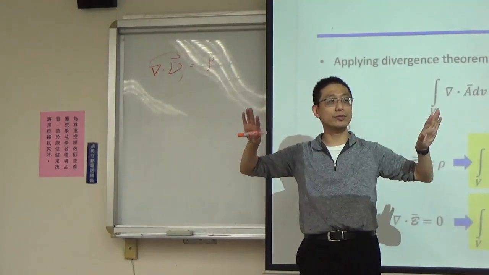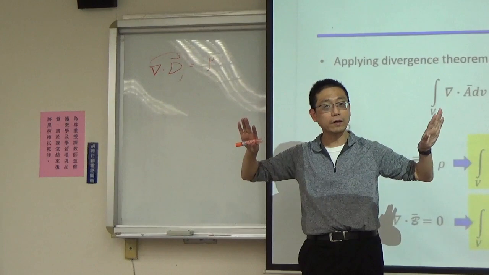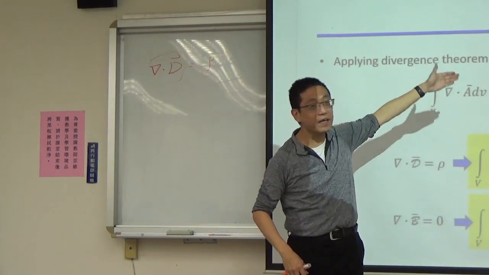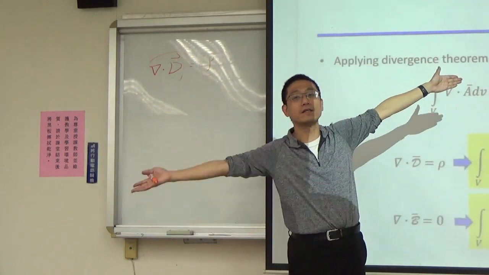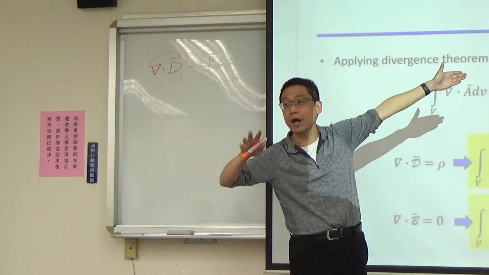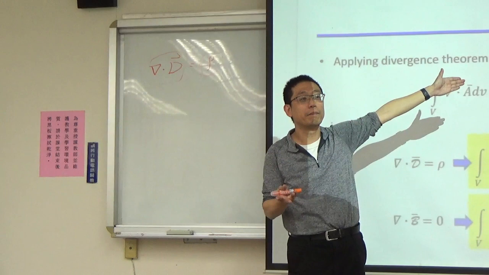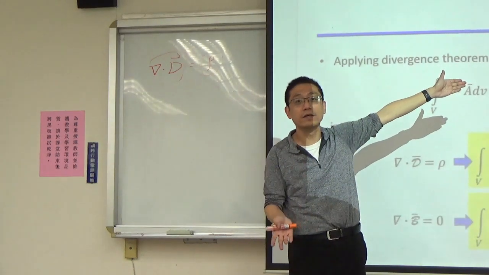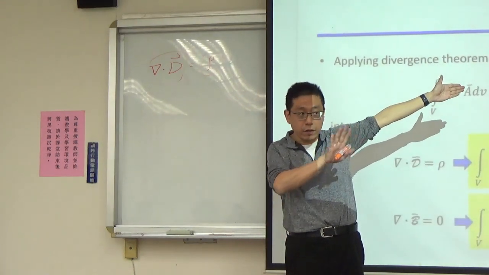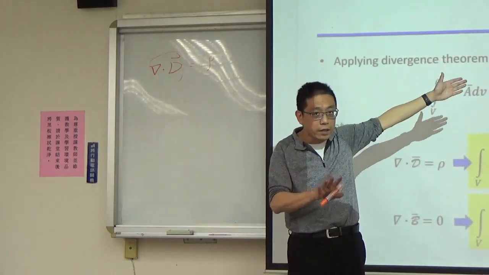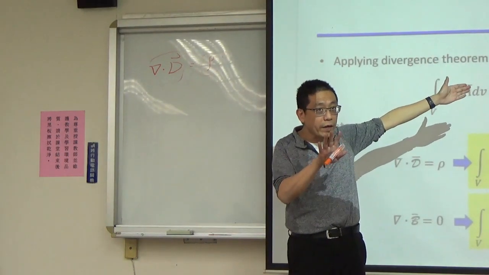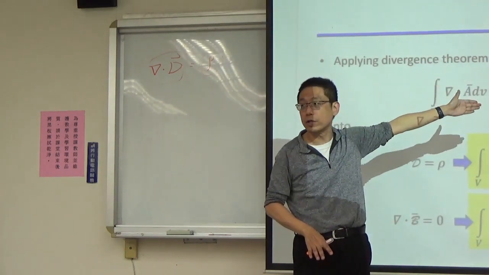So I'm not going to change anything. You learned this from other classes, and I'm not going to explain too much. I already explained some of them, but they are deeper than that. If you don't understand, that is okay. I'm going to teach the things after you already know Maxwell equations.